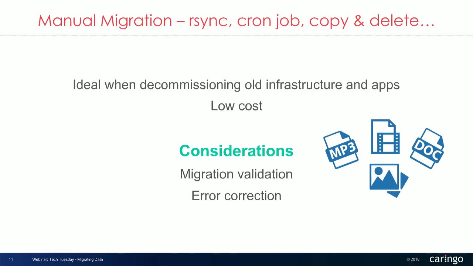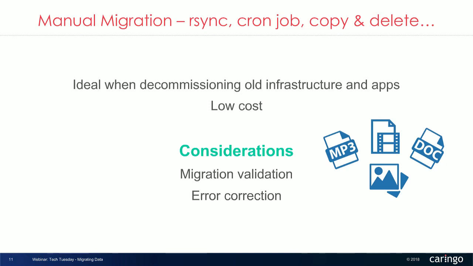Okay. So the third method we have is manual migration, and these are typically using what I would say are more batch-oriented tools, such as rsync, rclone, cron jobs that do those types of operations periodically, manual copy and delete, and so on. These types of migration methods are usually used when you're decommissioning old infrastructure and applications, and you have some new stuff that's more object aware, and you're going to be referencing it through the object store from there on out.